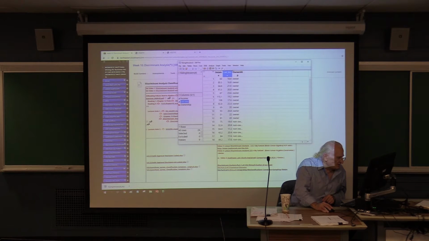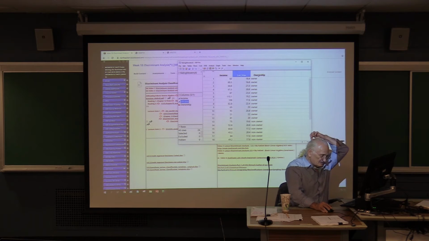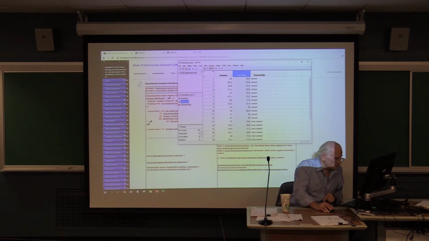Okay. So you have income, lot size, and you try to predict based on the income and the lot size, the yard in front of the house, if those two can be used to classify the person as a mower owner.